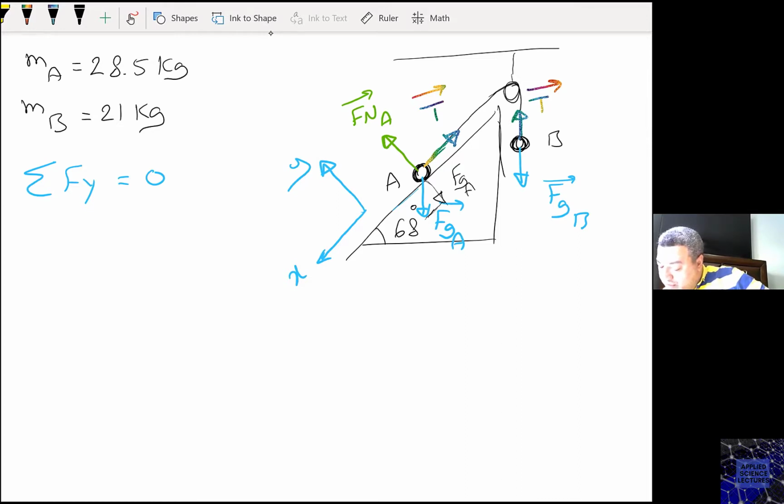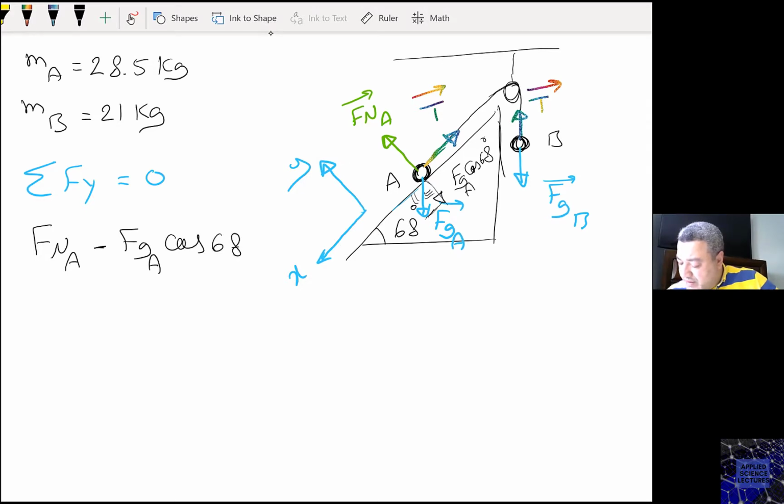If this is 68, this is the complement, 22, then this is 68. So FGA cosine 68 is the projection, 68 degrees. So I can write here FNA minus FGA cosine 68 degrees equals 0, right?